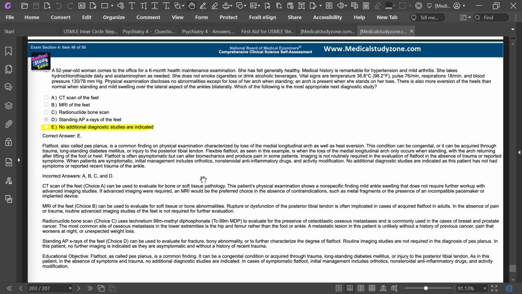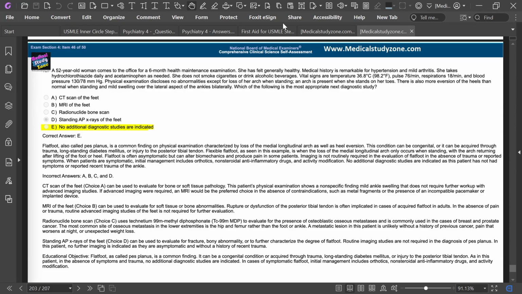CT scan of the feet is used to evaluate bone or soft tissue pathology. This patient's physical examination shows a non-specific finding, mild ankle swelling, that does not require further workup or advanced imaging studies.